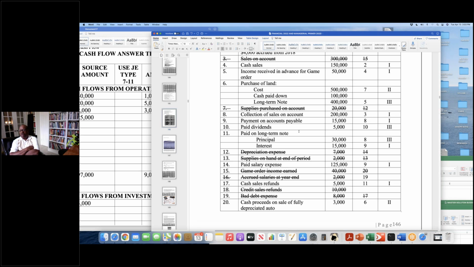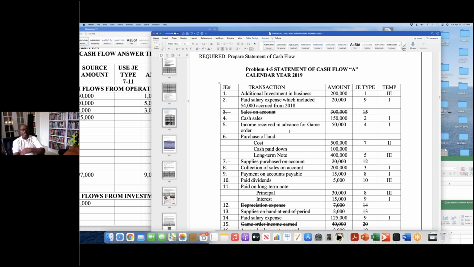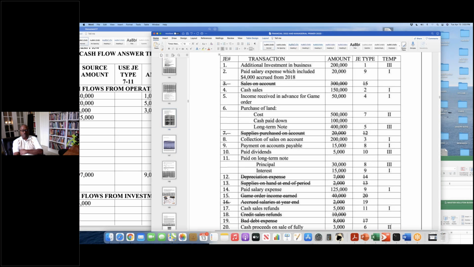Now, I would assume you all can do the statement of cash flow now, correct? Would that be a valid assumption? Can you now do the statement of cash flow? We'll work on it.